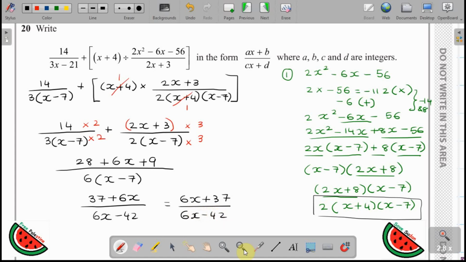Again, many people would try and cancel these two out. You can't cancel them because there's more than one term in the numerator, more than one term in the denominator. The only time you can cancel is by factorizing first, and then if something can be simplified, you can cancel out.